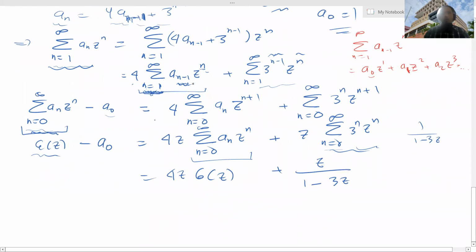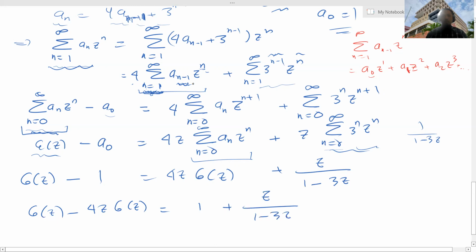Good. Now we put it down here, G(z). What is a0? a0 is 1. So therefore we move them together, we collect G(z) together. So you have G(z) minus 4z G(z) is 1 plus z over 1 minus 3z.